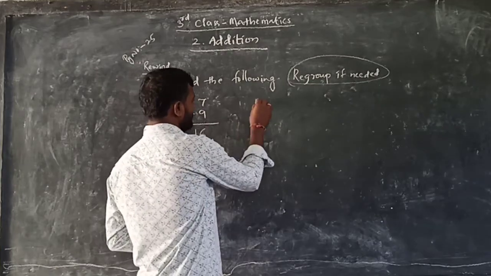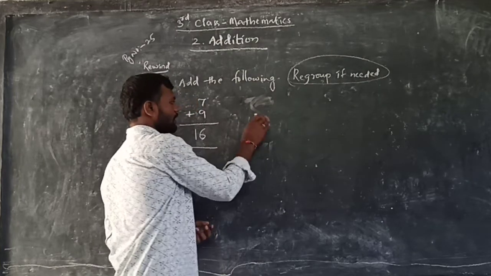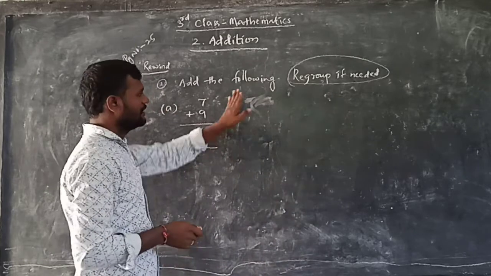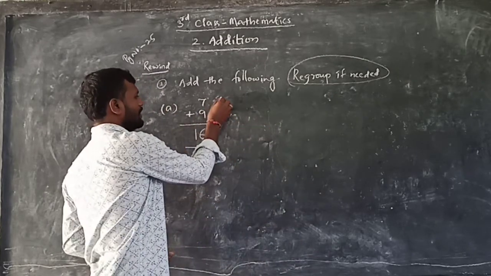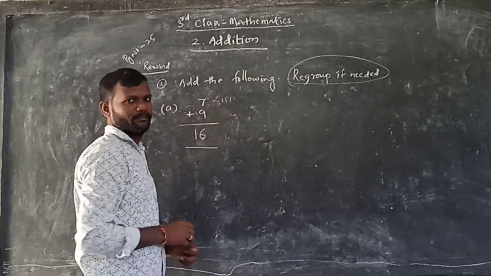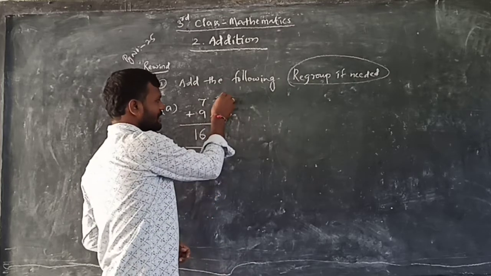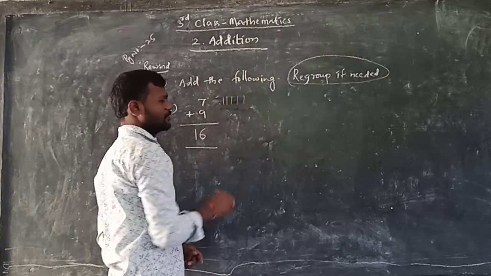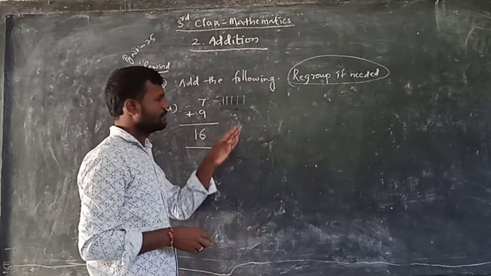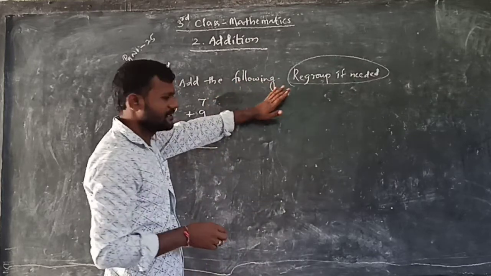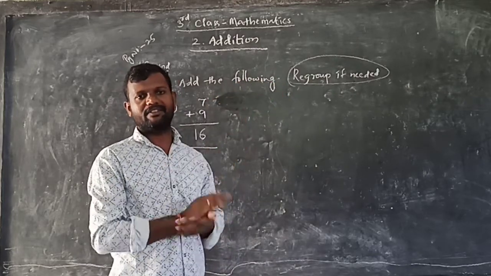Next, B. If you don't know how to add by fingers, then you may try to draw lines like this and after that add. But drawing like this is difficult for us, so try to add directly by knowing the addition tables. Otherwise, try to add with your fingers.